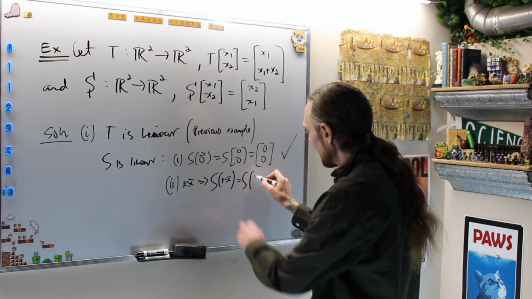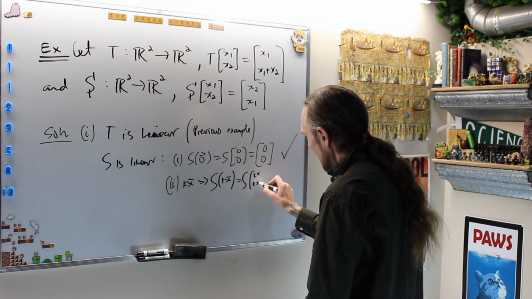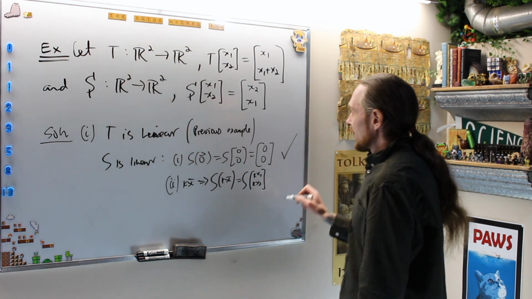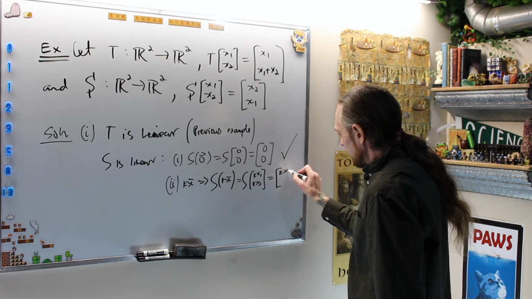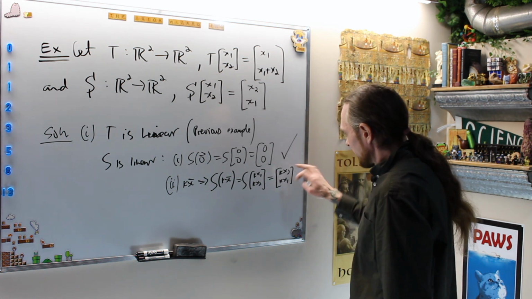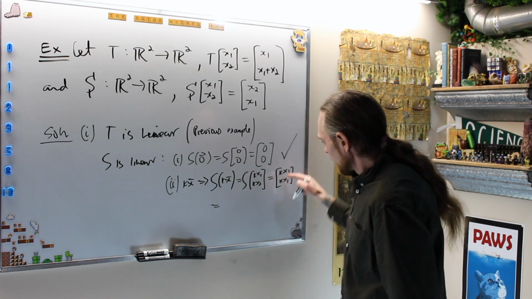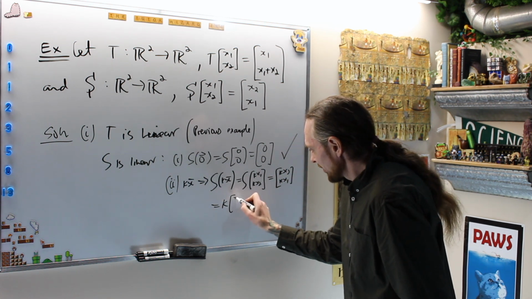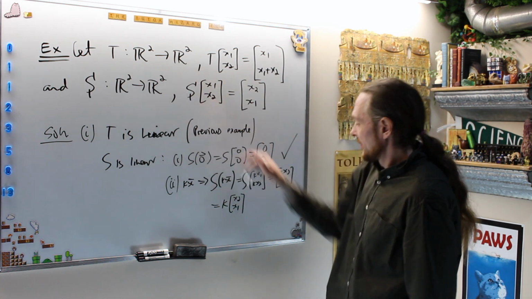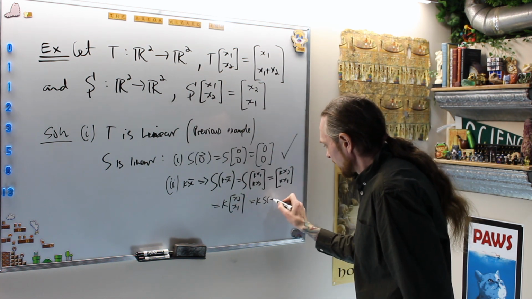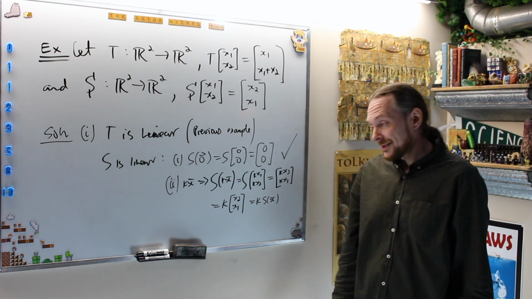This is S of Kx1, Kx2. What does that do? It flips them, which is Kx2, Kx1, which is, there's a K in both of those. K times x2, x1. Who is this? Oh, S of x. K, S of x. So it spits out the scalars.